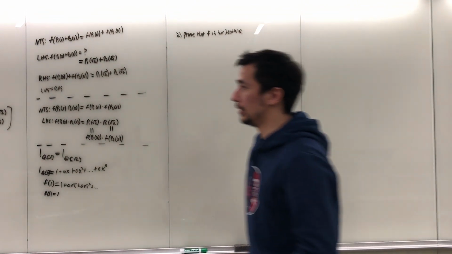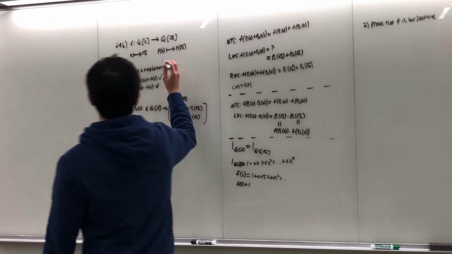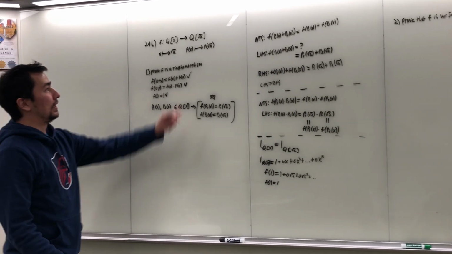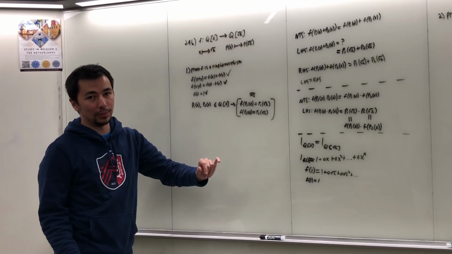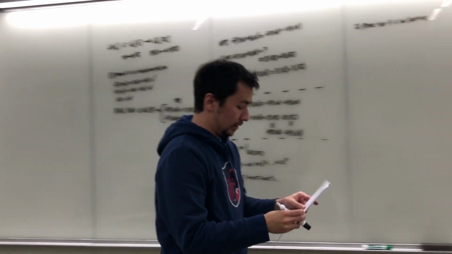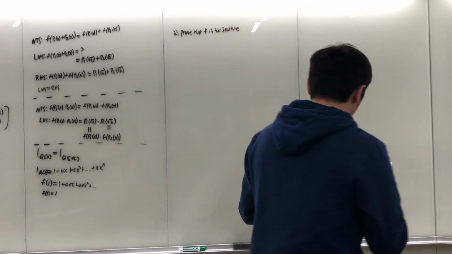So if we were to look over here, for every element in Q square root of 2, there is an element in Q[x] that maps to it. It's basically what we mean when we say f is surjective.